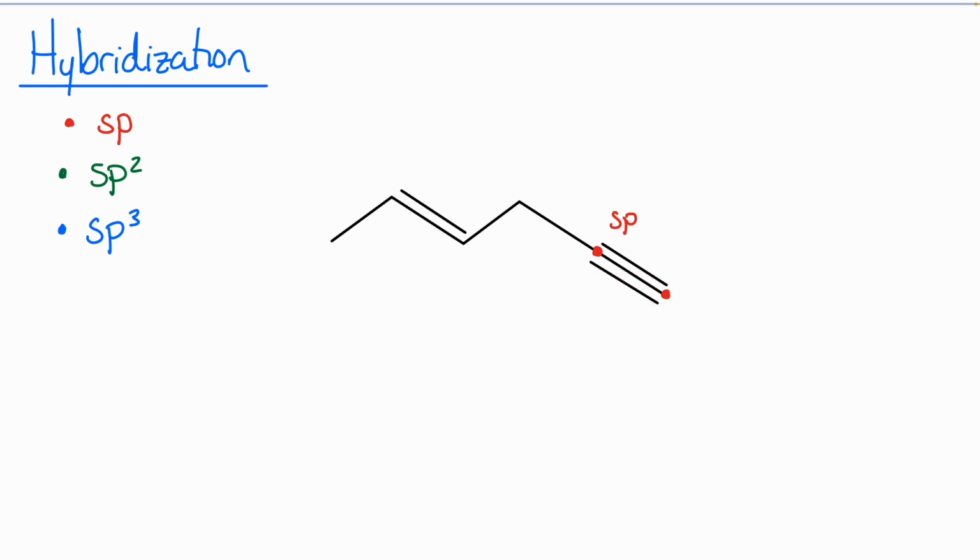All right, my sp2 hybridized carbons are the ones about my carbon-carbon double bond. All right, and then finally my sp3 hybridized carbons, these 2 here. They have all 4 bonding regions as single bonds.